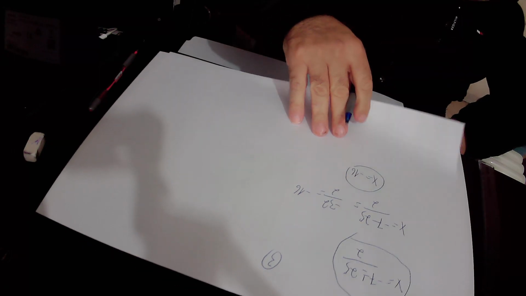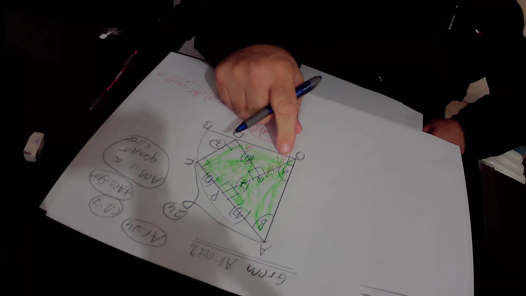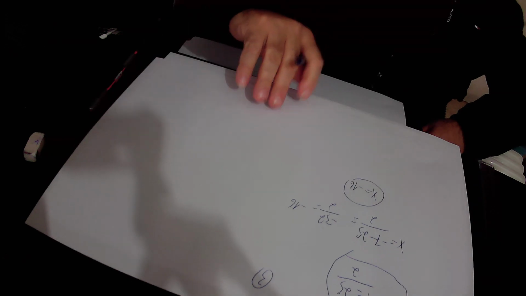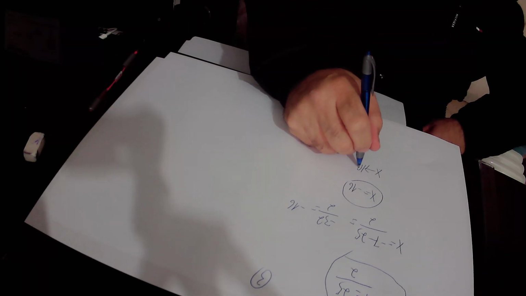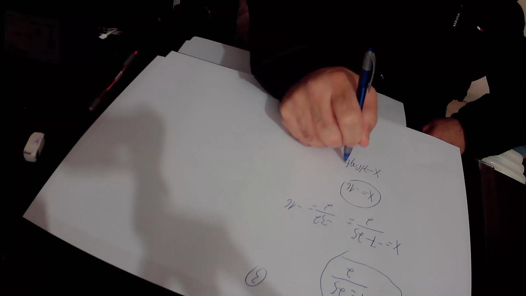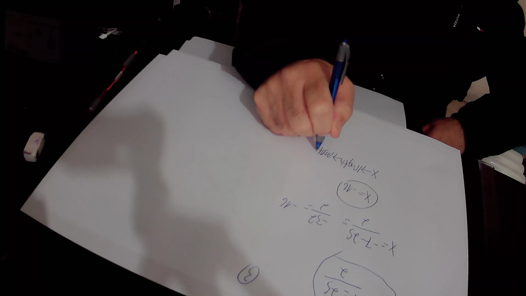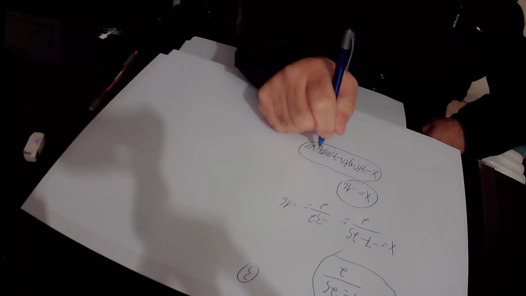But because x is the length of line QO, x is the length, and as a length it must be a positive number. So we cancel this solution.